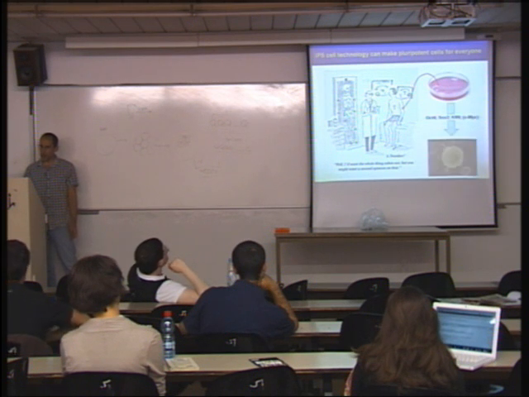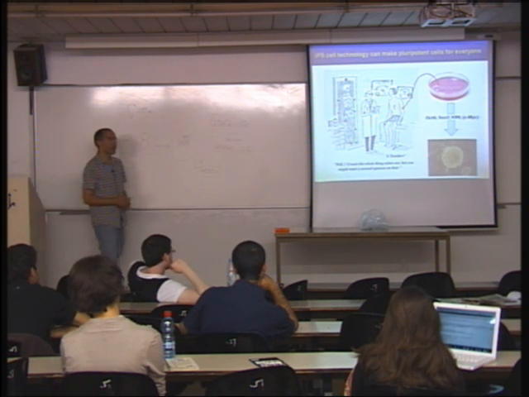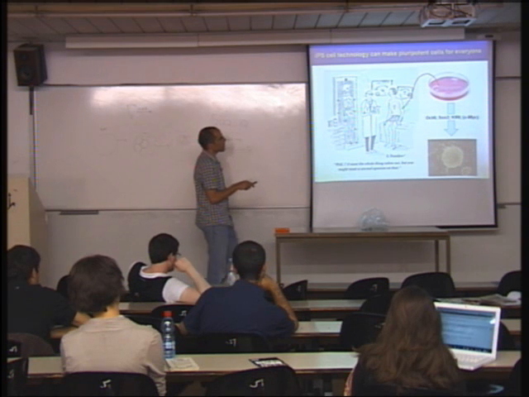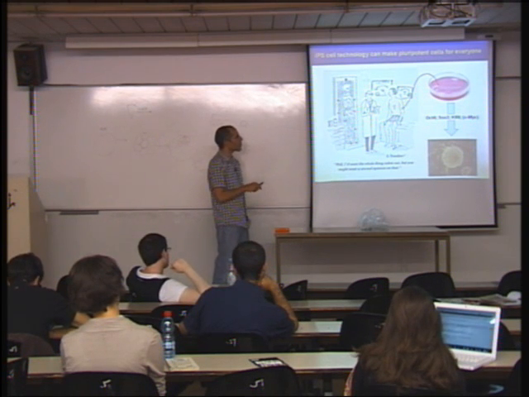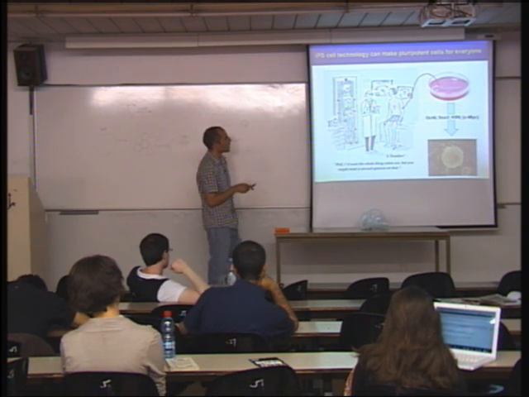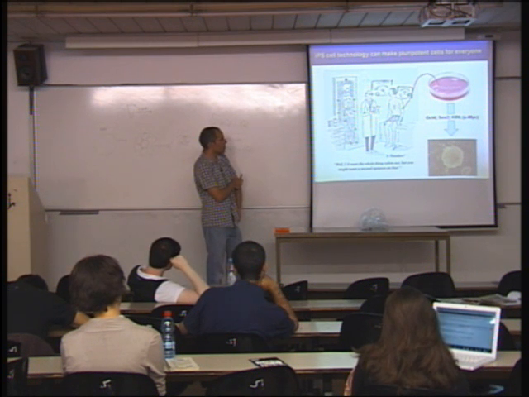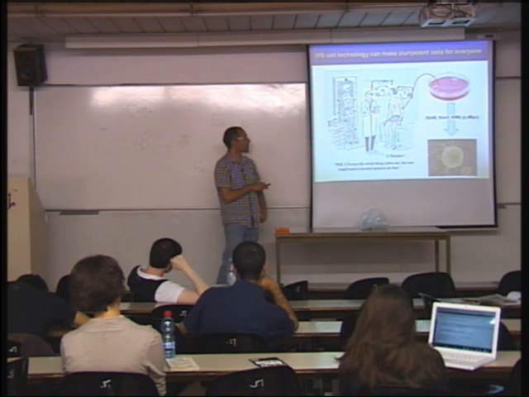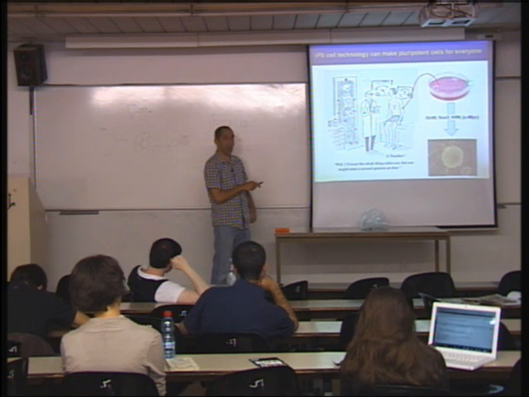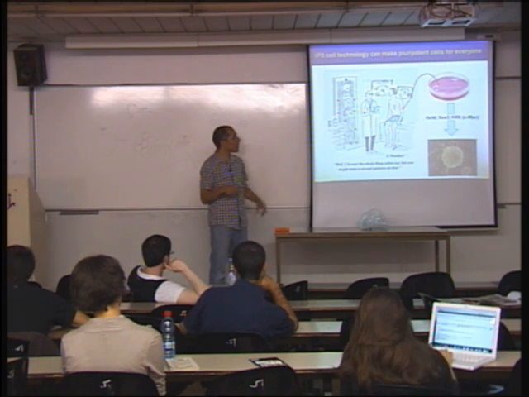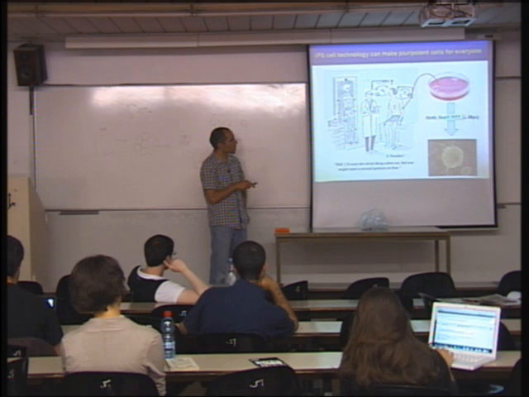And now we can basically take a fibroblast from a skin biopsy. So any patient that goes to the clinic, it's a very easy procedure. You can take some cells from the skin, you can expand them a few times, and then you can transduce them with 3 factors.